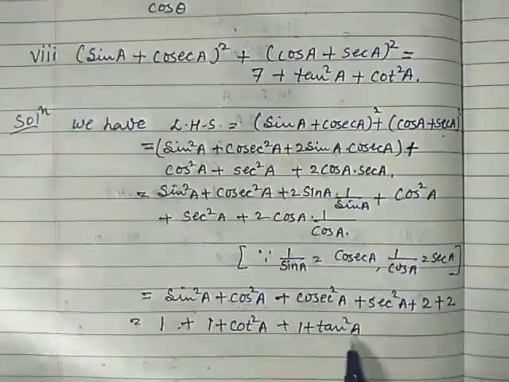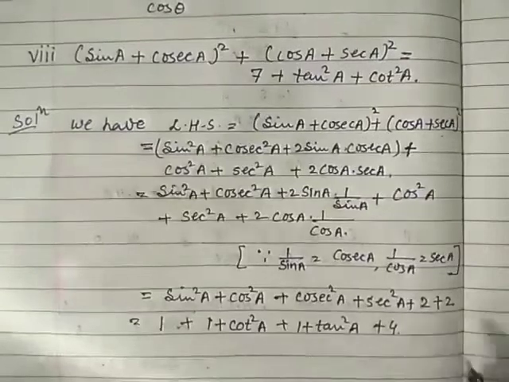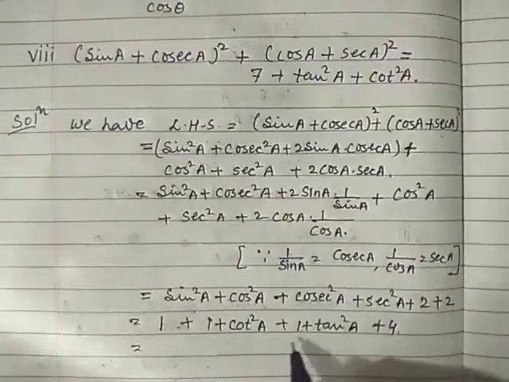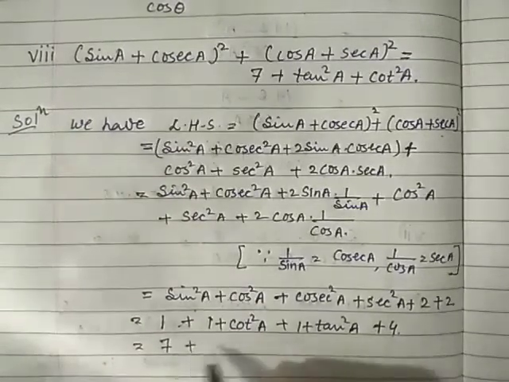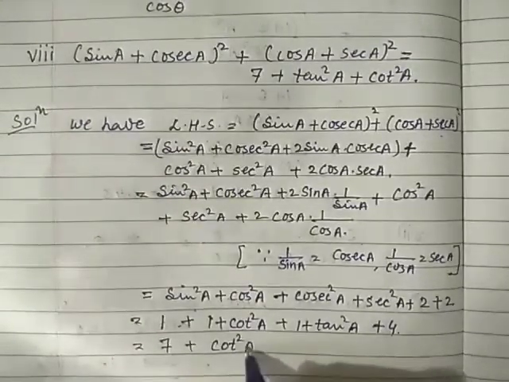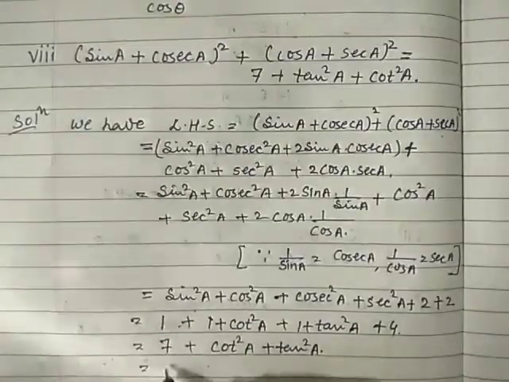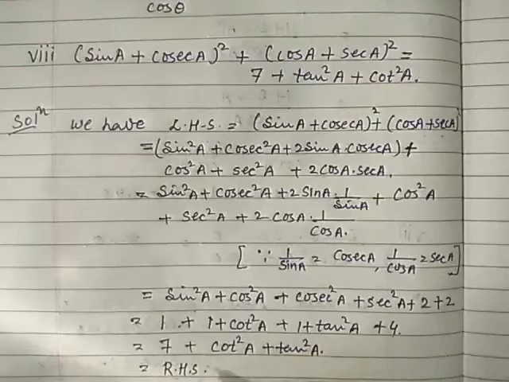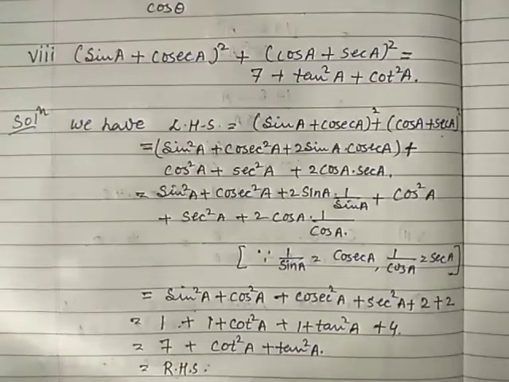So the constants here add up: 2 plus 2 plus 1 plus 1 plus 1, which gives 7, plus cot square A plus tan square A. This is equal to RHS. So LHS is equal to RHS.